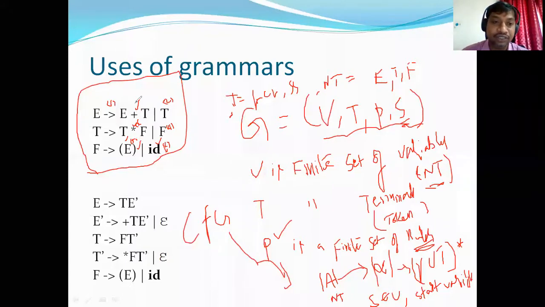One of the non-terminals, that is E, is designated as the start symbol of the grammar, and we have six production rules. E derives E plus T is one production rule, E derives T is another, T derives T star F, and T derives F, F derives E in parentheses, and F derives ID. Now, what is the significance of this? Why do we need this kind of production rules? That we'll see.